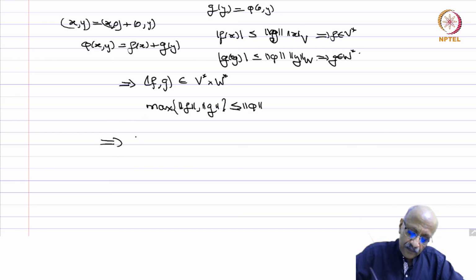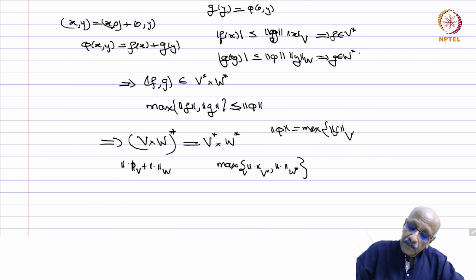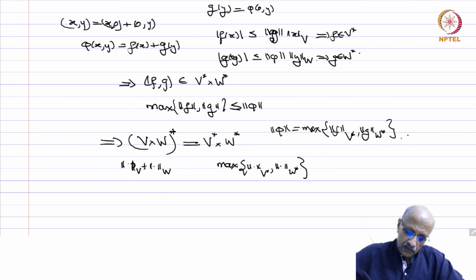So this means that the dual of V cross W can be identified as V star cross W star, and if the norm here is norm x in V plus norm y in W, here the norm will be max of norm in V star, norm in W star, because the two inequalities imply that norm phi is equal to max of norm f in V star, norm g in W star.